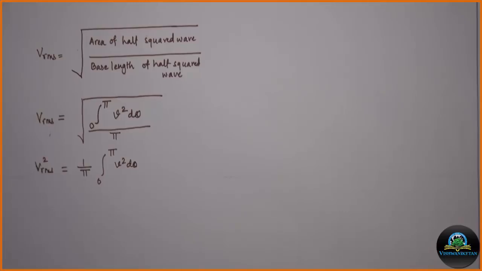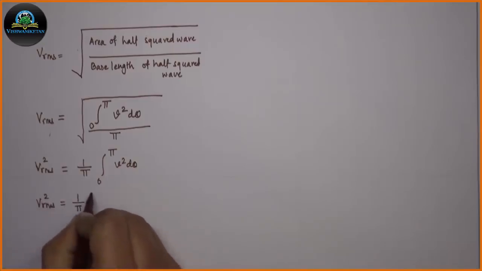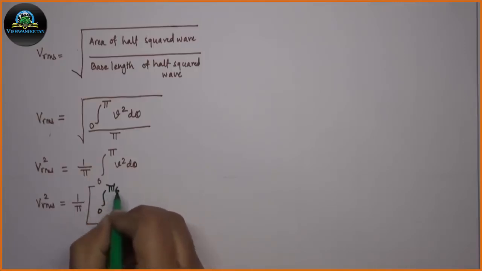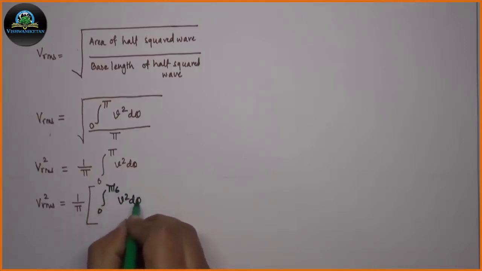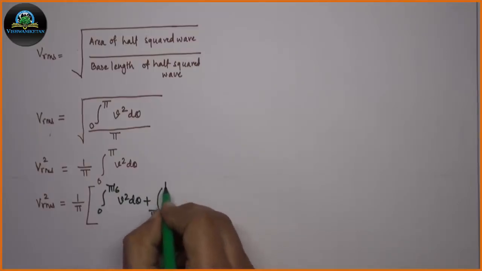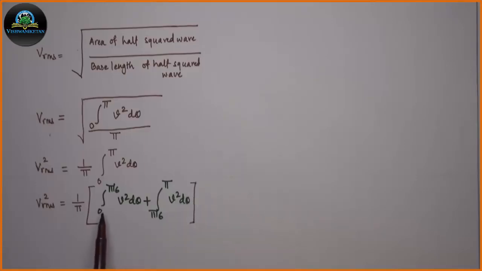Let us substitute those intervals. First interval is 0 to pi by 6, and second interval is pi by 6 to pi. So this is our first interval, 0 to pi by 6 V square d theta, plus pi by 6 to pi V square d theta, that is my second interval.